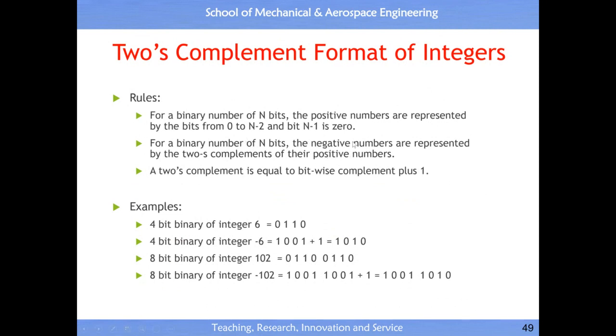Then for a negative number, we use the first bit to indicate this is a negative number. Then the remaining bits do not represent the negative value itself.